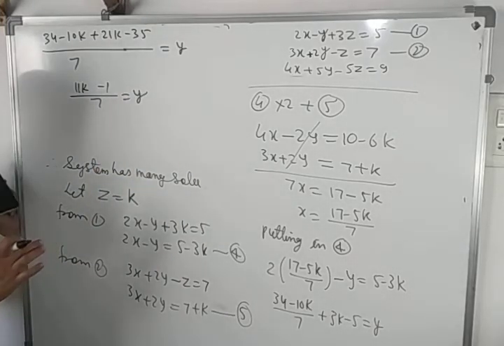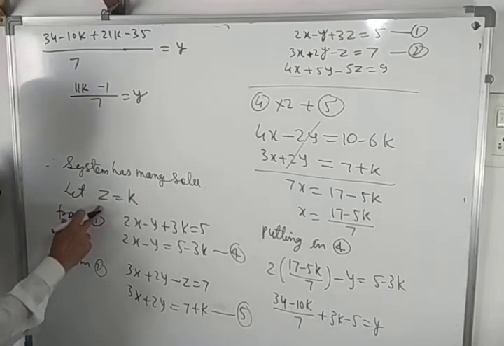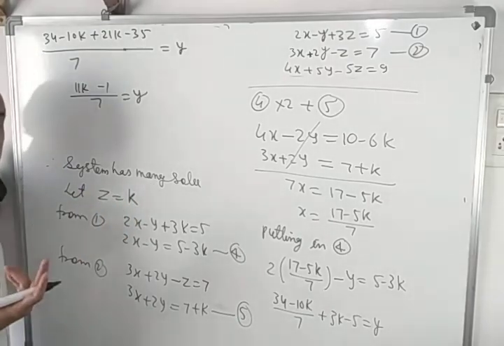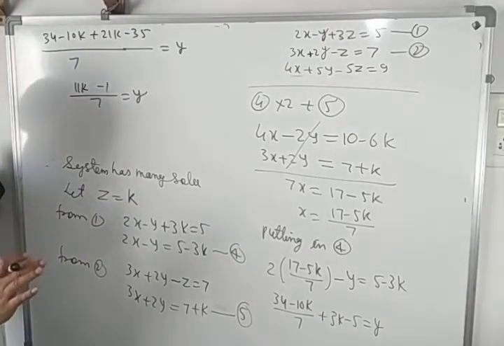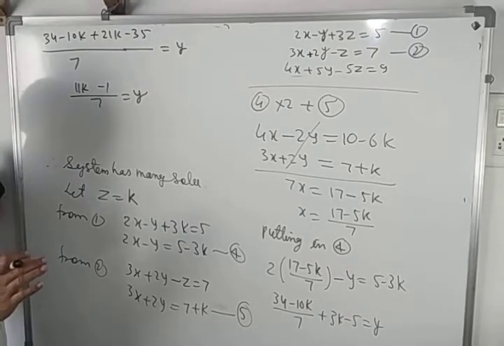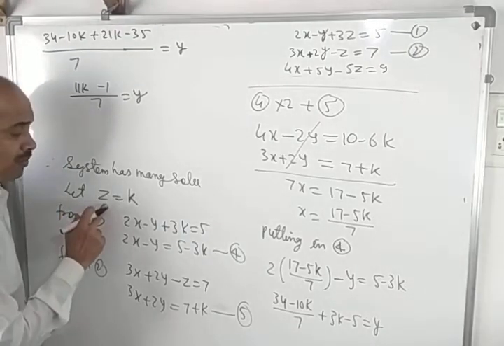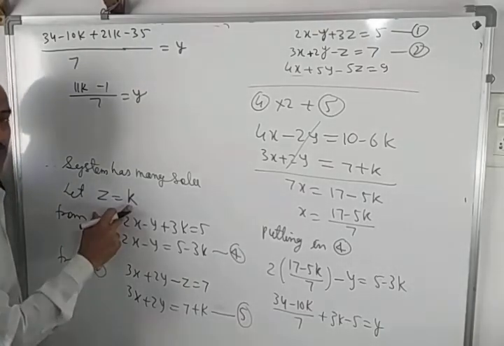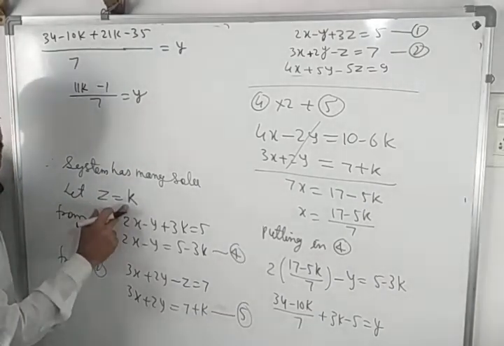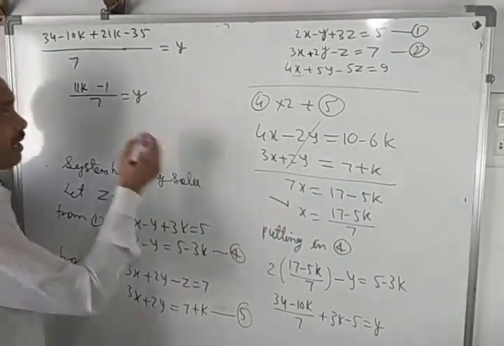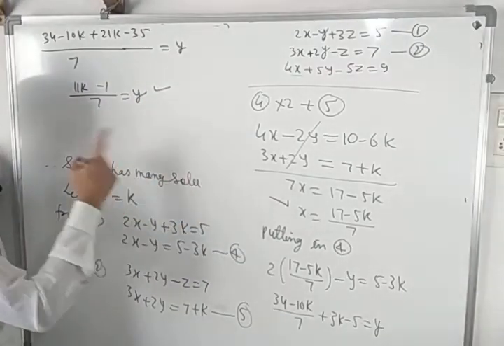Now see, why we have done like this. Many solutions means infinitely many solutions. For this, we have supposed z equal to k, and with the help of z equal to k, we have got x and y in terms of k.